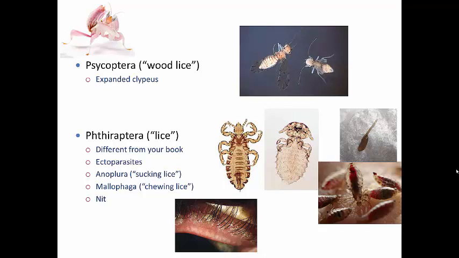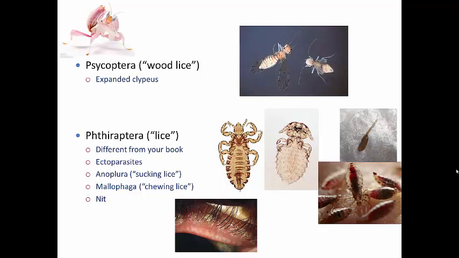Now, the lice do vector some diseases. They can cause a lot of problems in animals. Those of you who work with animals on a regular basis will find that pretty much every fur-bearing mammal has some sort of highly adapted louse that will attach to its fur.